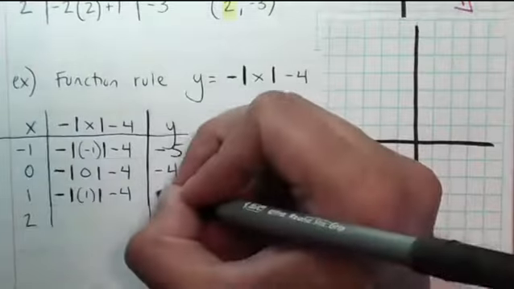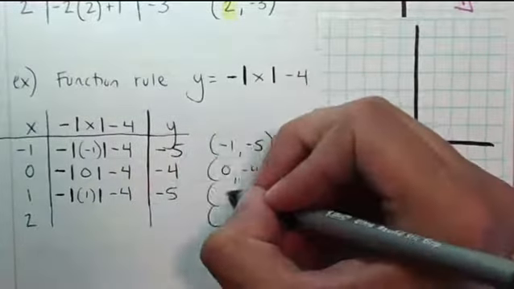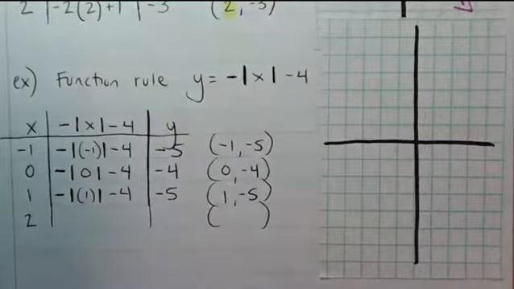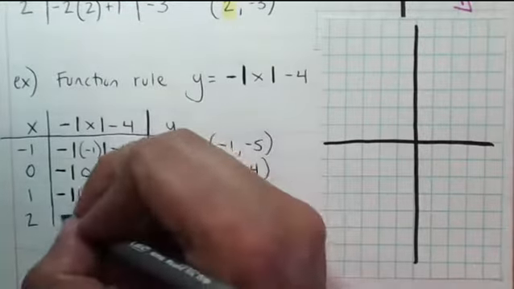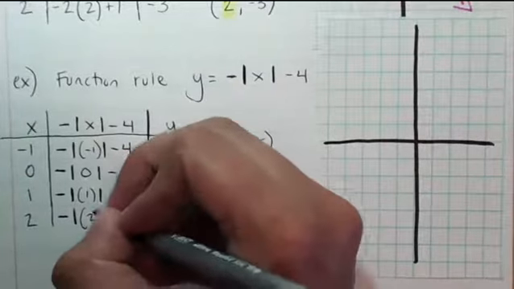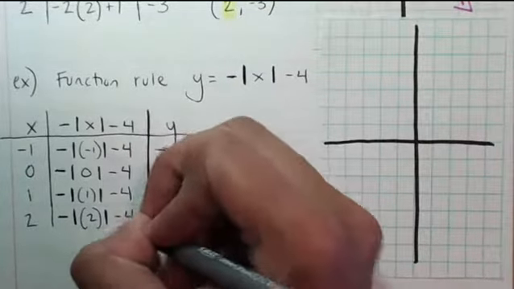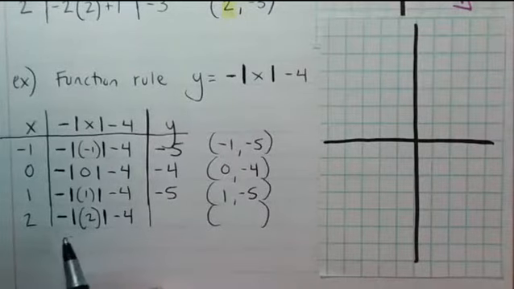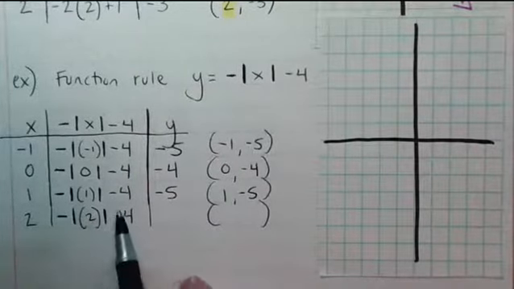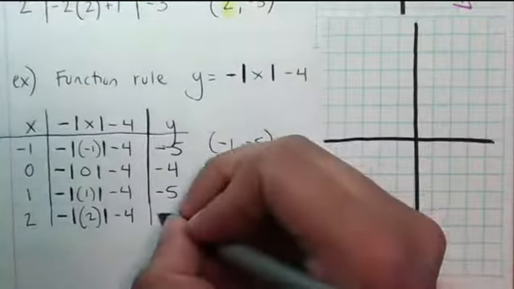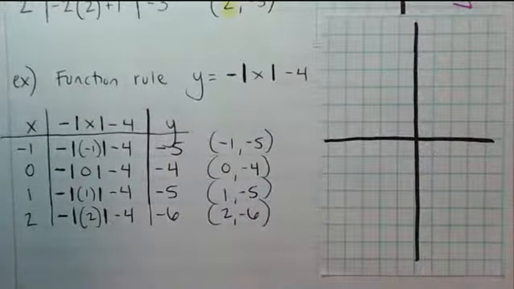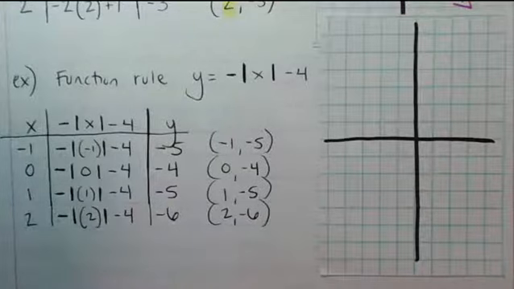Minus 4 is -5. So this would be 1, comma, -5. And then the last one is I plug in 2 to the absolute value bar. Distance away 2 is from 0 is 2. That negative in front makes it a -2. -2 minus 4 is -6. So this is what the inputs and outputs should be for this function.